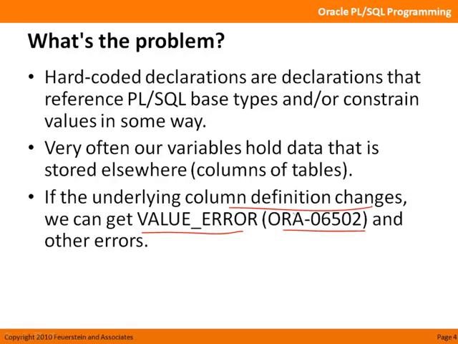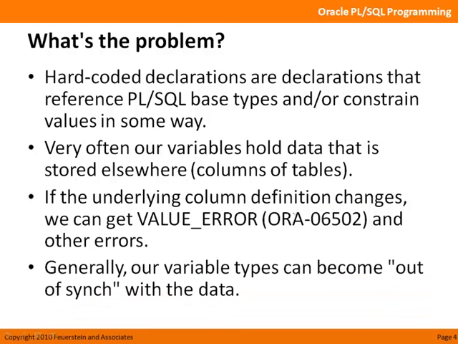So if I hardcode the declaration, it's disconnected from whatever the source of the data is. And therefore, as that underlying source might change its structure, its size, its precision, my variable declaration doesn't keep up, doesn't automatically adapt, and I can end up with errors. So we want to keep things in sync, not let them go out of sync between our data and our variables in PL/SQL code.